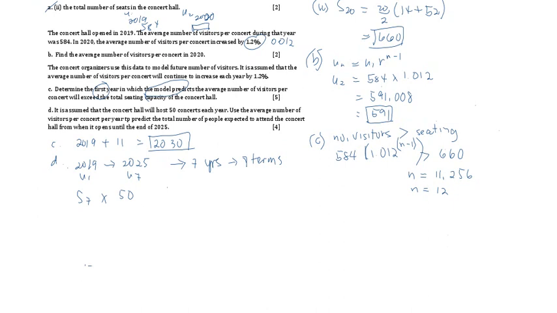And the sum of the 7 numbers is 584 times 1.012 raised to 7 minus 1 over 1.012 minus 1. We're using the formula for the sum of a geometric sequence.